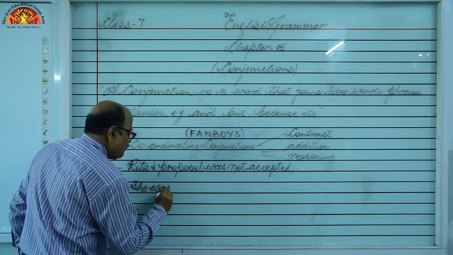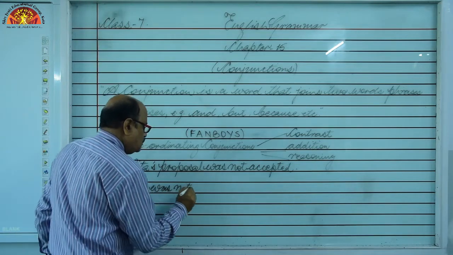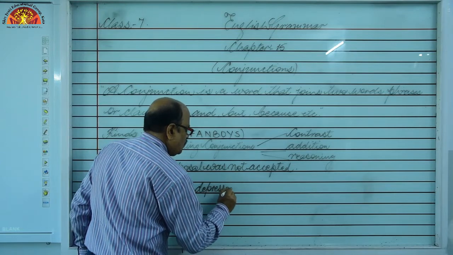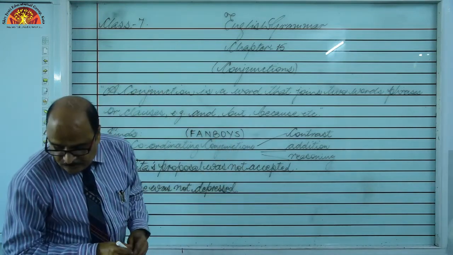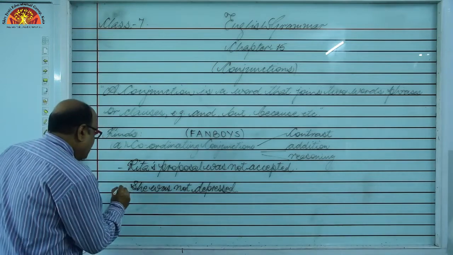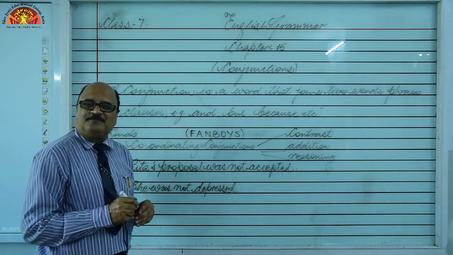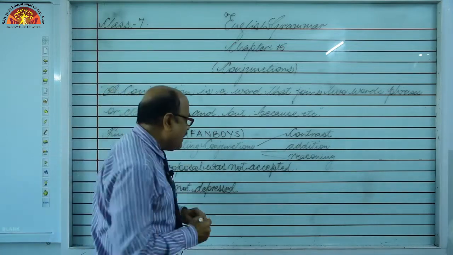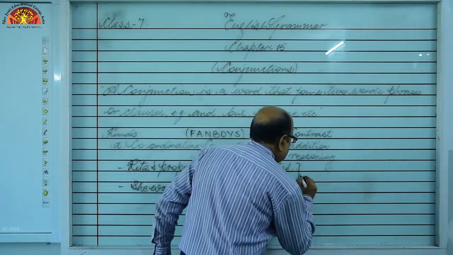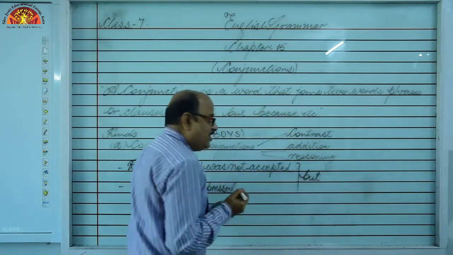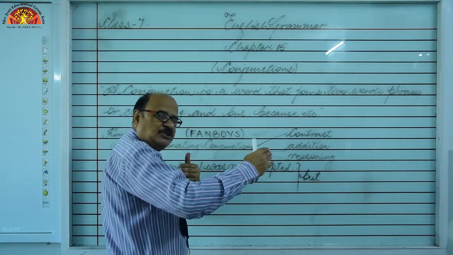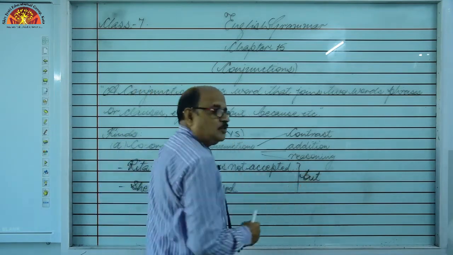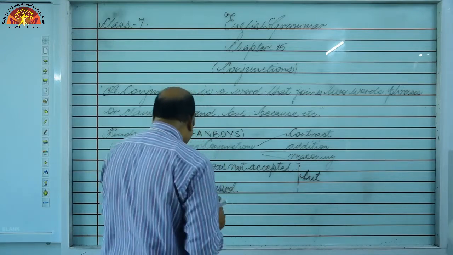She was not depressed, right? These are two independent sentences. Now, we are going to connect them into one, right? These are two different. So, whenever two different opposite to each other clauses, sentences are connected, we use but or yet, right? Look.